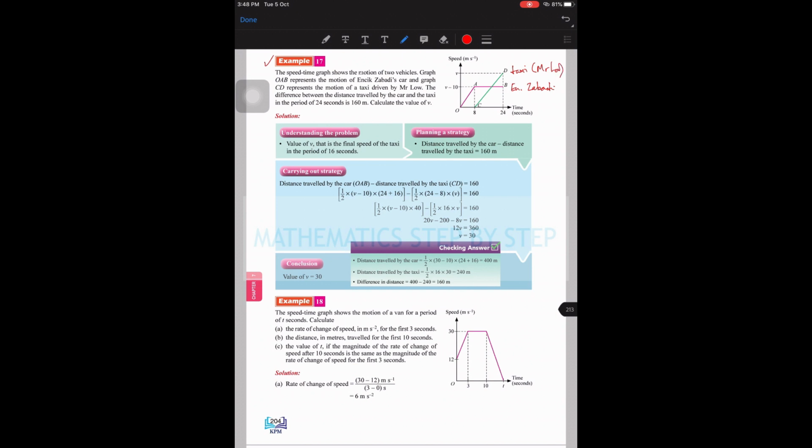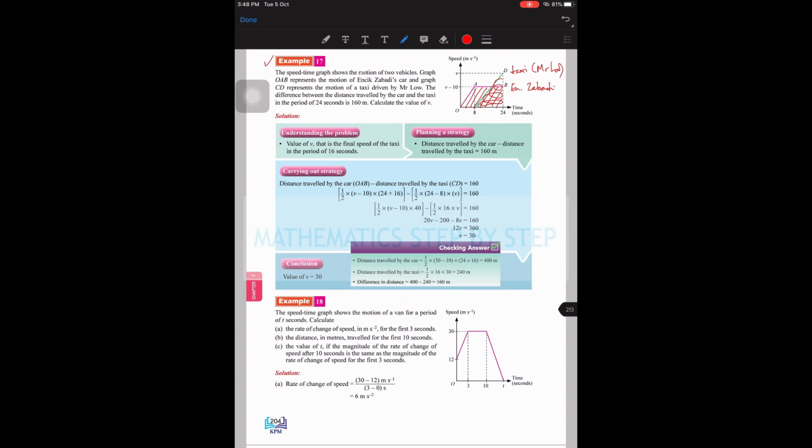The difference between the distance traveled by the car and the taxi in a period of 24 seconds is 160 meter. So we know that the area under the graph of this pink color graph minus the area under this green color graph is equals to 160.